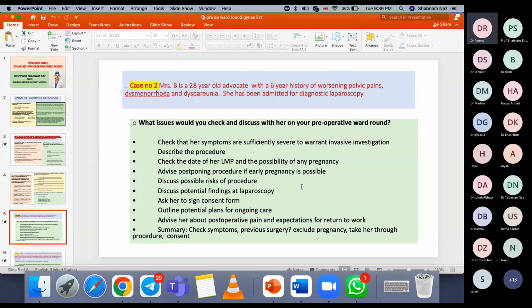A well-informed written consent is taken, and I will look for all the investigations, and then the anesthetic fitness, because this procedure is going to be done in general anesthesia, and I will discuss the procedure with my patient, the whole procedure, the complications and risks, and I will address all the concerns the patient has.